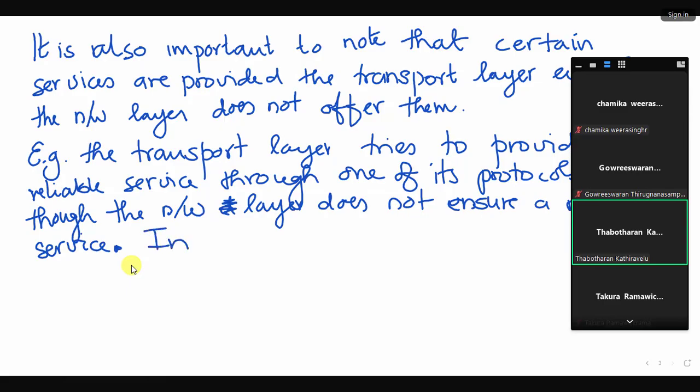In the internet, the internet protocol is the protocol of the internet layer.